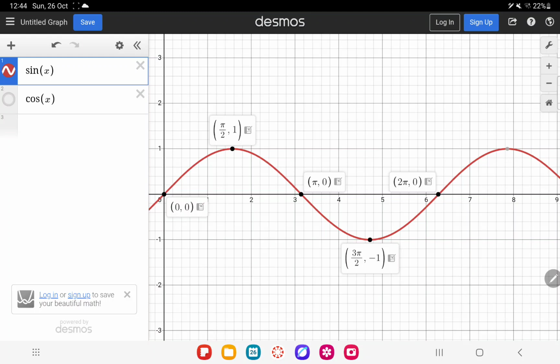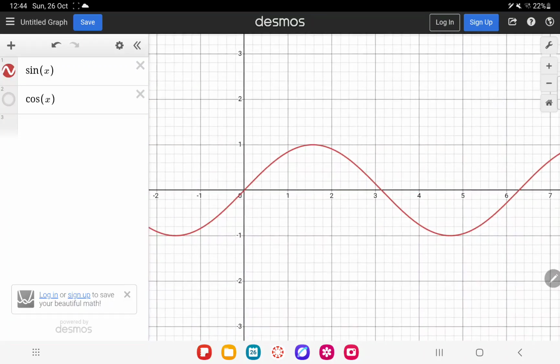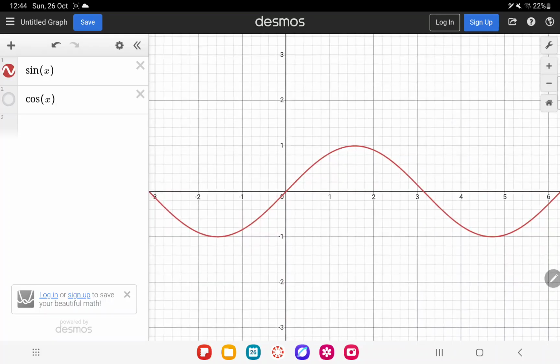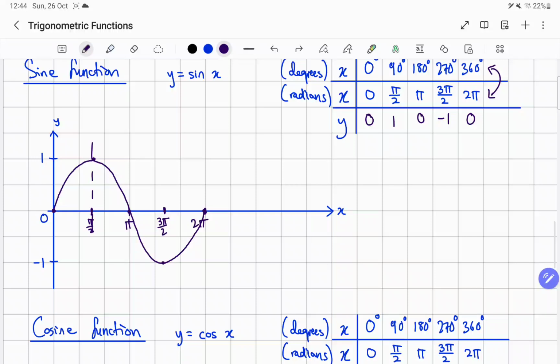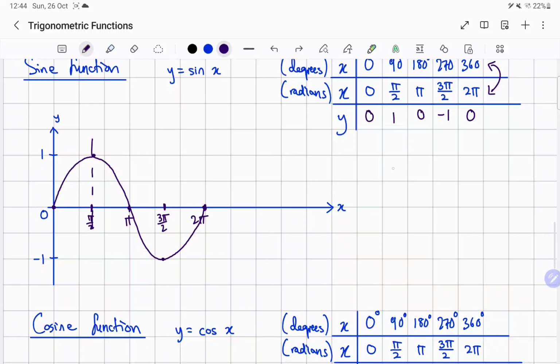Now what happens when you go to negative angles? What is the sine of negative pi over 2, so negative 90 degrees? Oh, I think I have a math solver here that's giving you answers.